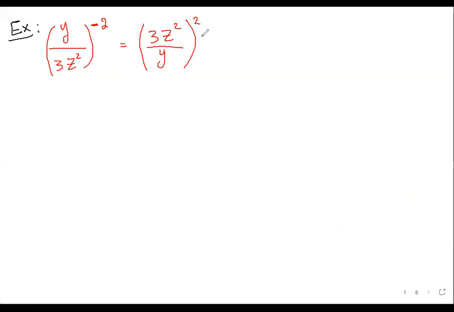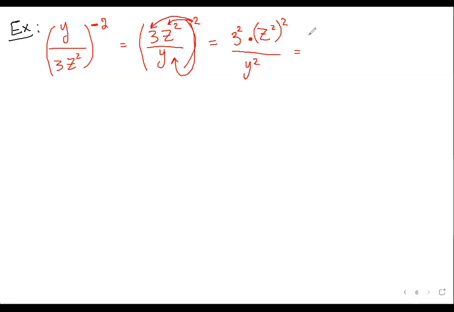Now it's easy because we can distribute the exponent 2 to everything inside the parentheses. What does that equal? 3 to the power 2 times, like before, z squared to the power 2 over y to the power 2.